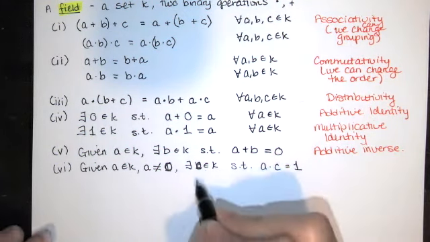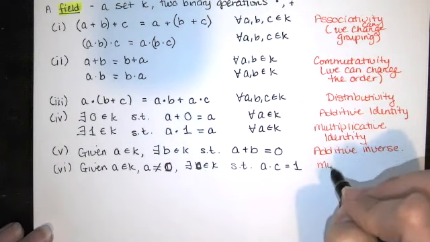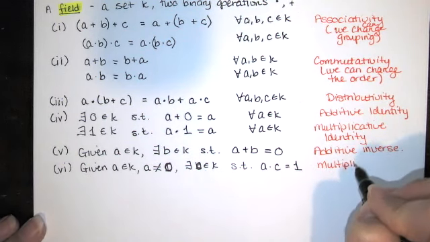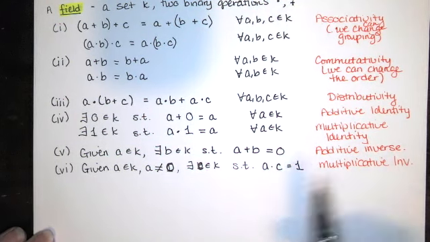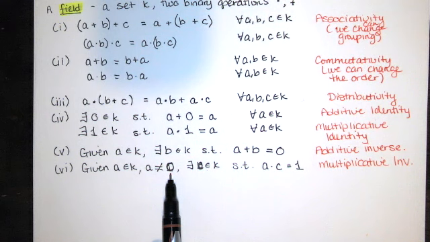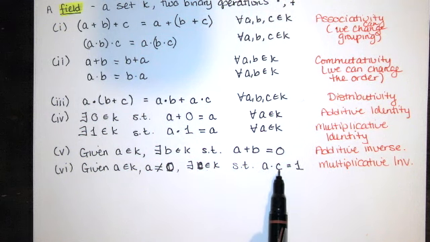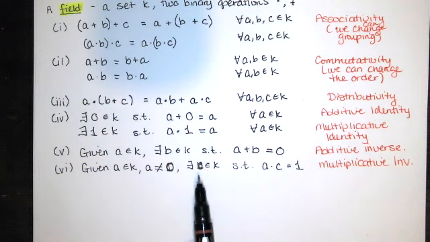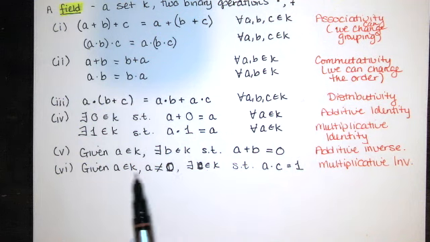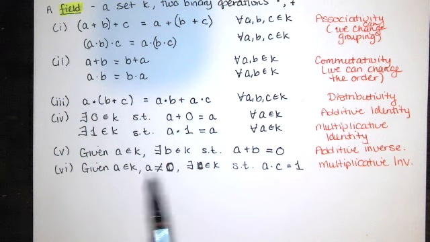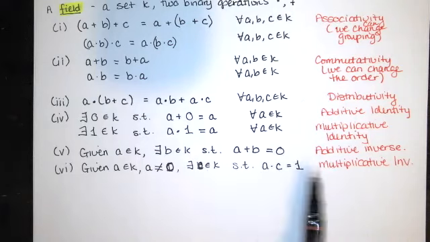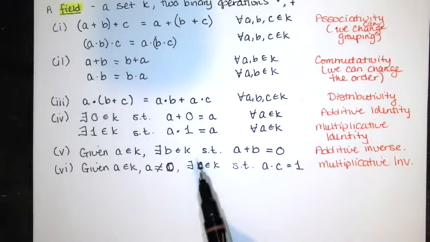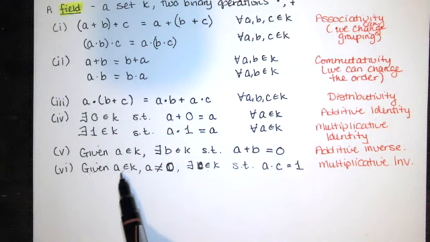This is called the existence of a multiplicative inverse. Of course, we had to get rid of the 0 element because you can't take a number 0 and multiply it by something and get 1. It's just not possible. But for every other number in your field, if there is another number in the field so that you can multiply it by that number and get 1 back, then we say that the multiplicative inverse of every number A in the set exists.